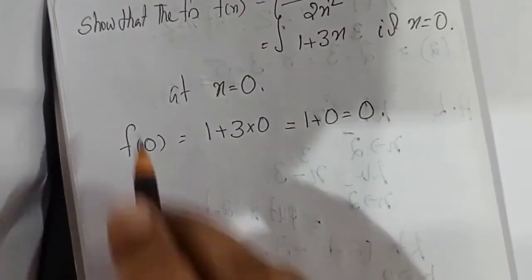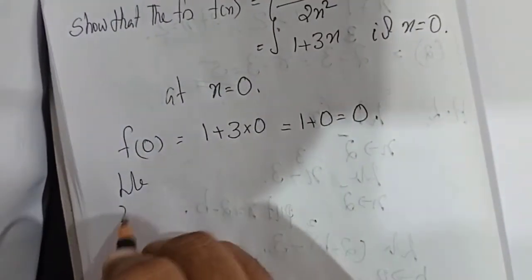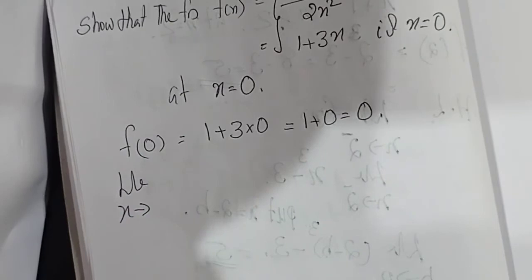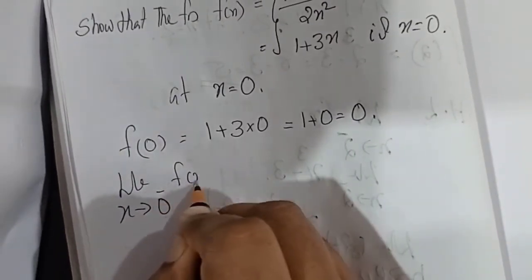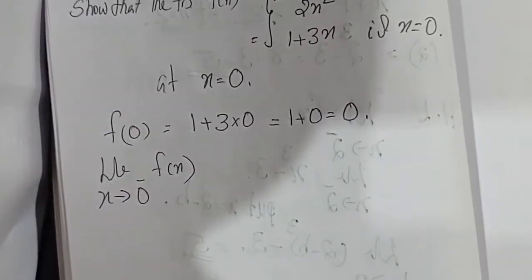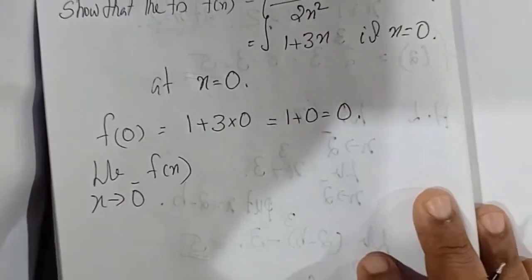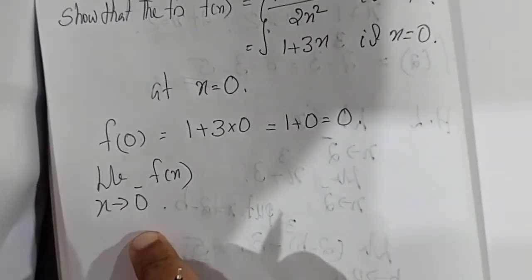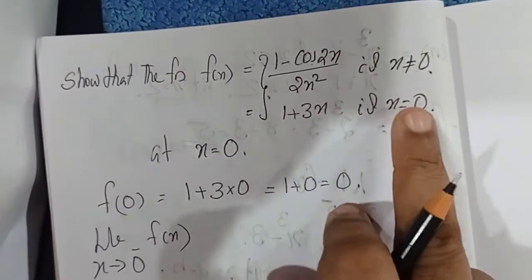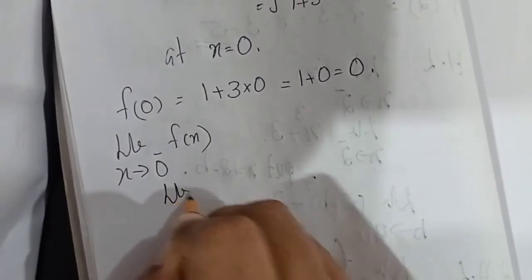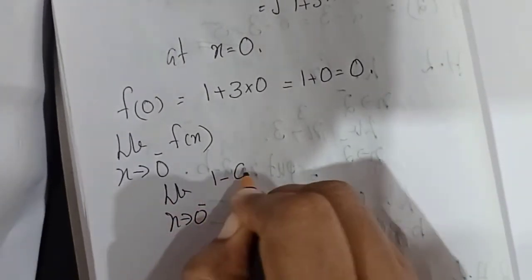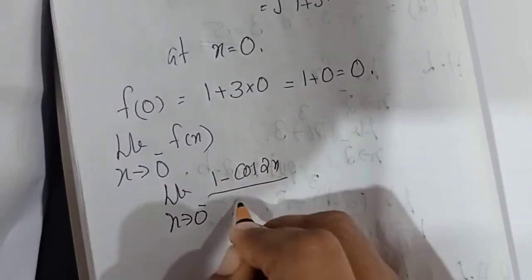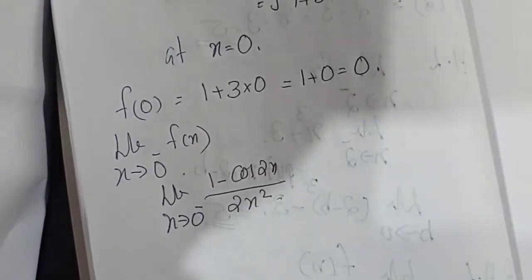Now take limit x tends to 0 minus f(x). 0 minus f(x) means x not equal to 0. That is the meaning, isn't it? Therefore, write limit x tends to 0 minus (1 minus cos 2x) by 2x square.